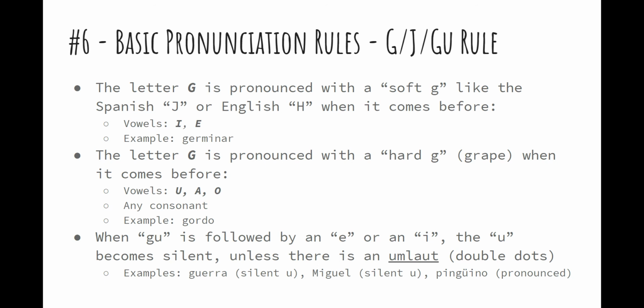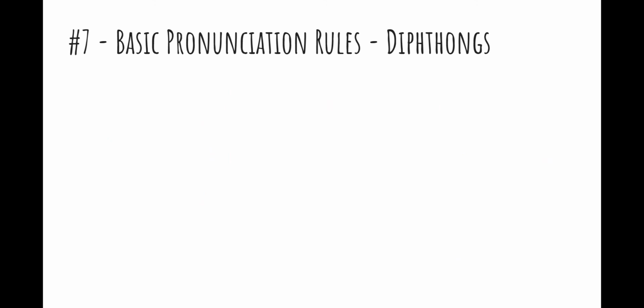It's a GU followed by an English E. Miguel, again, the GU is followed by an English E, and therefore the U is silent. An example of the umlaut would be the word pingüino, which is the word for penguin. You'll see the U has two dots over it. That means it needs to be pronounced, even though there's a GUI. So pingüino, it is pronounced.